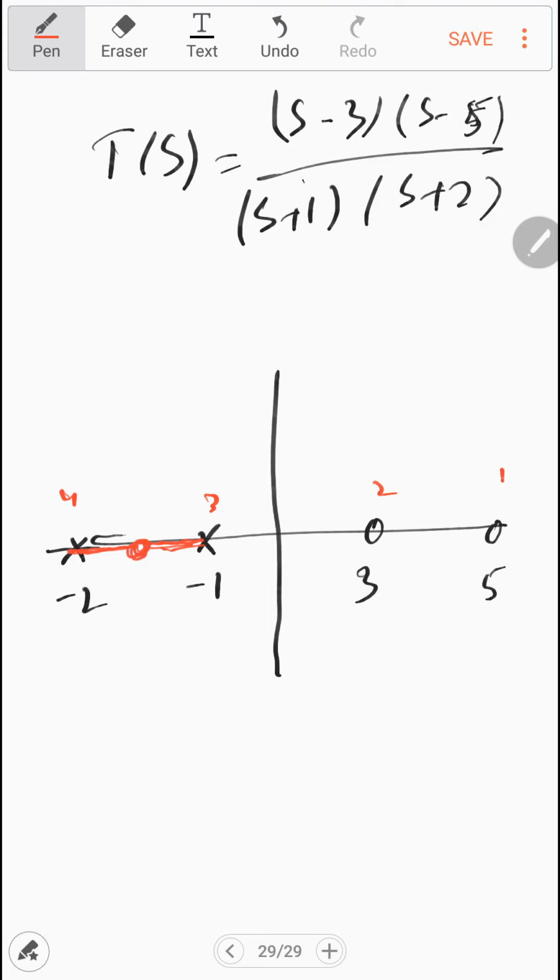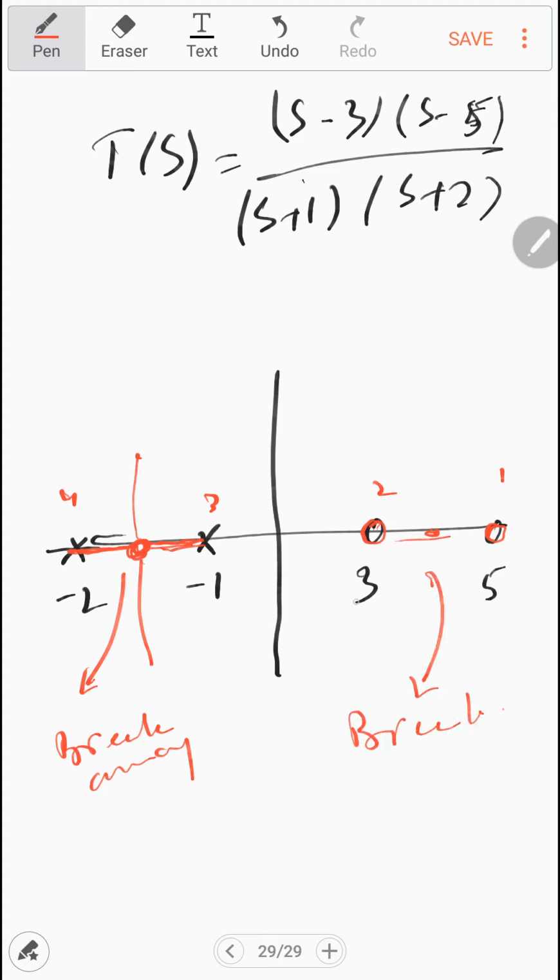It meets at some point and goes into the complex plane. Because the zeros are finite, it needs to come back to the real axis. So we need to find this point, which is called the breakaway point, and some point over here, which is called the break-in point. It will come back to the real axis, and then the locus will end at the zero.